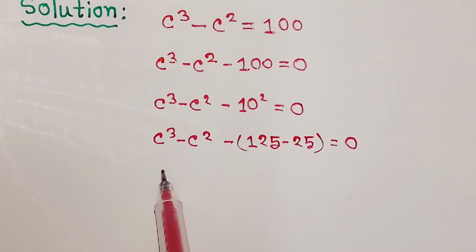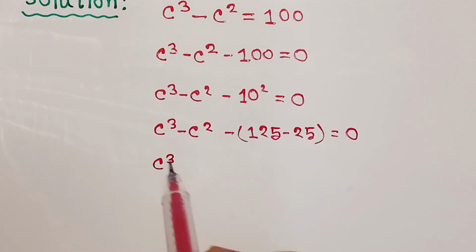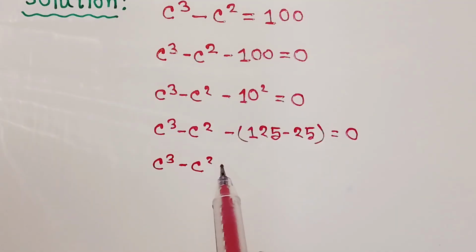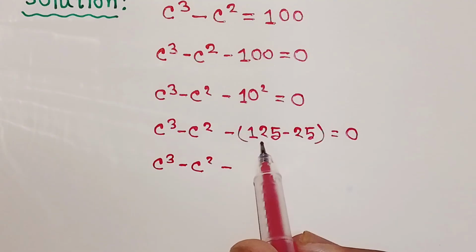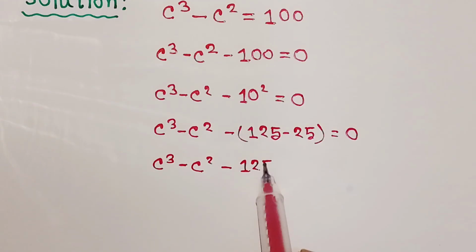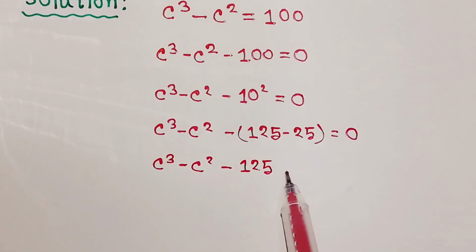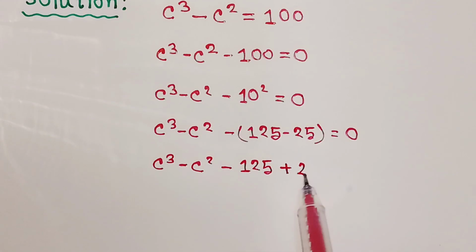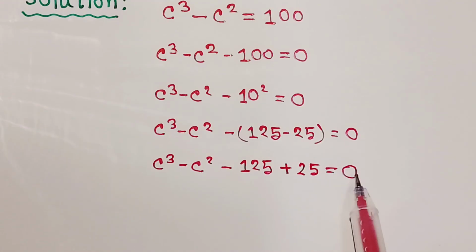Then we can write c cube minus c square, then this minus will be minus 125, and this minus and minus will be plus 25, equal 0.